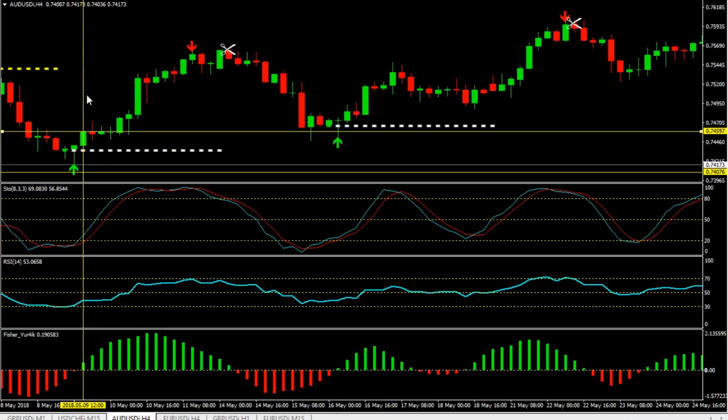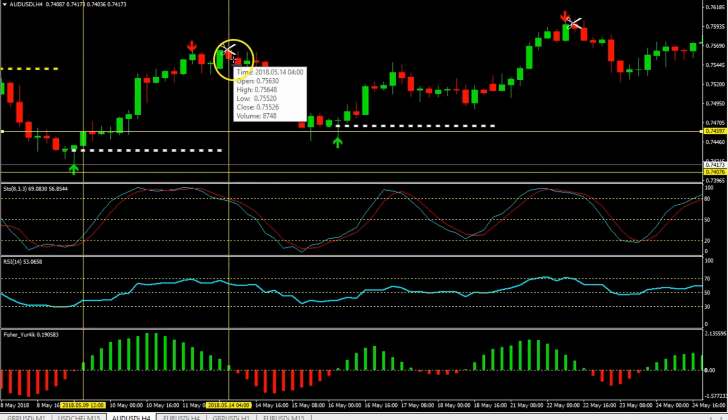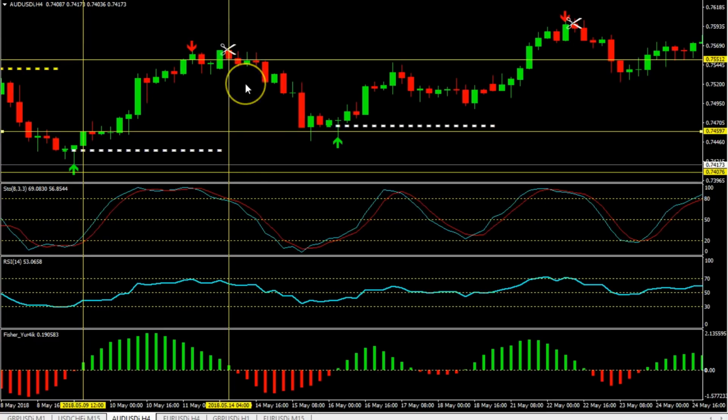Okay, now let us bring one line here on this resistance. Then when this arrow, this scissors appears, you place a line here also.